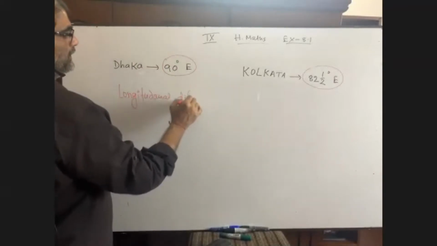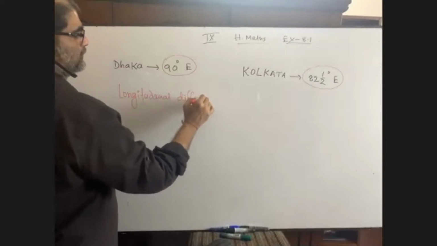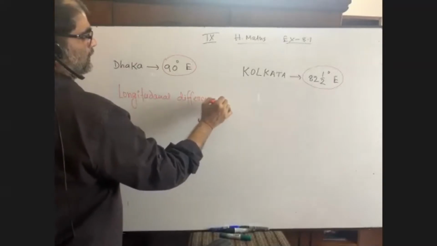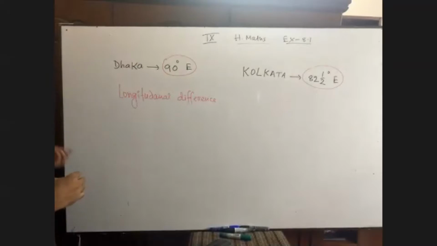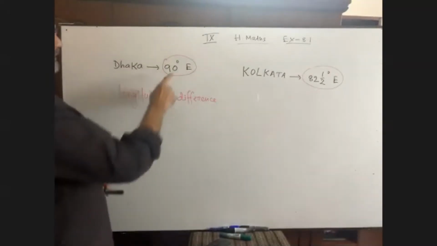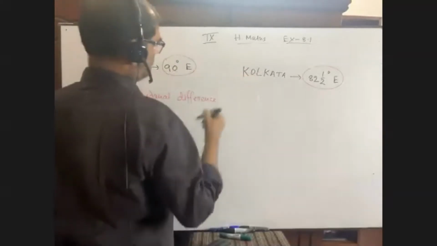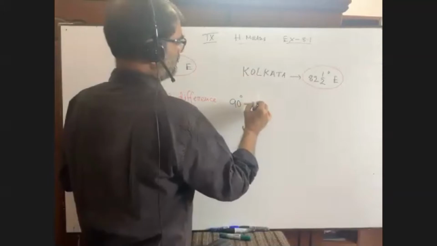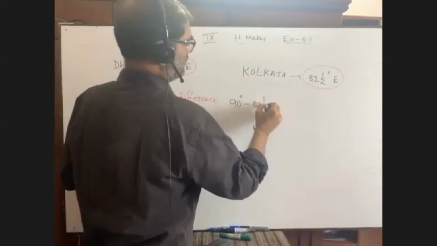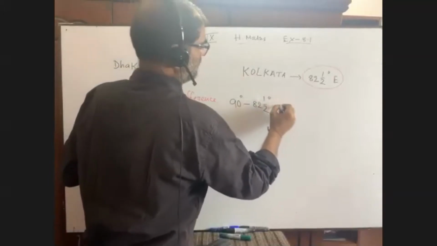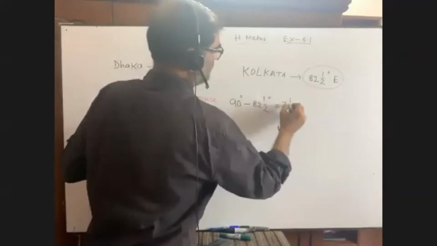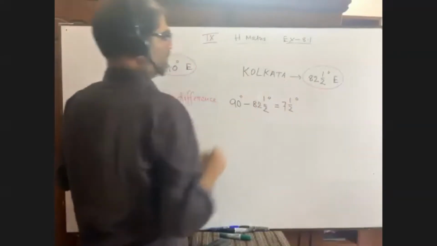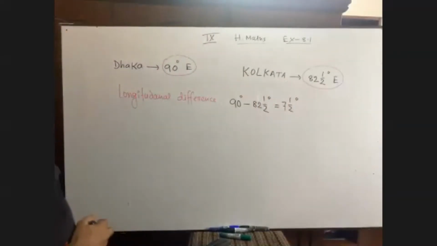Difference means subtraction. So you subtract: 90 degree minus 82.5 degree. That is 7.5 degree, which is 15 by 2.